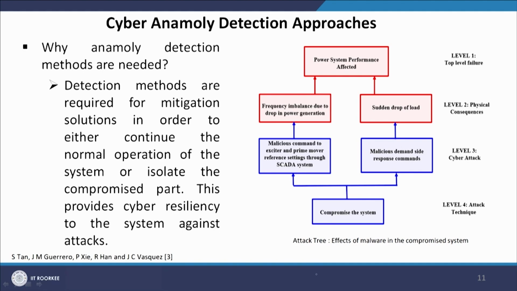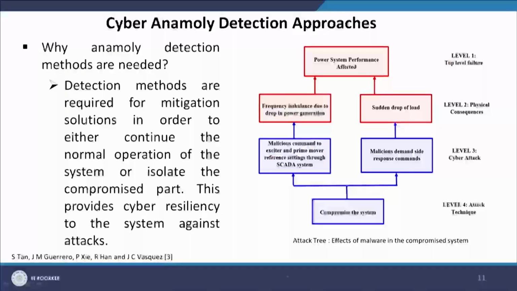Either you detach the affected portion or continue with the normal operation of the system. So, this provides cyber resiliency to the system against attacks. It means that if you have a system, it is not a complete failure of the system, and we can probably continue working by compromising a small portion of the network which has been seriously affected.